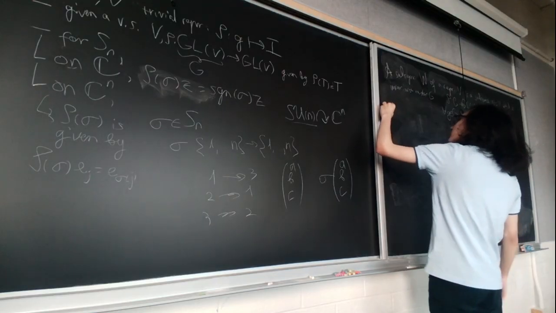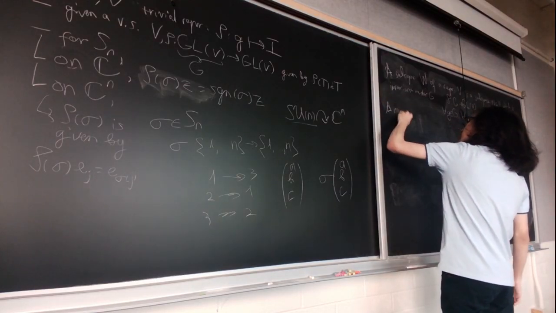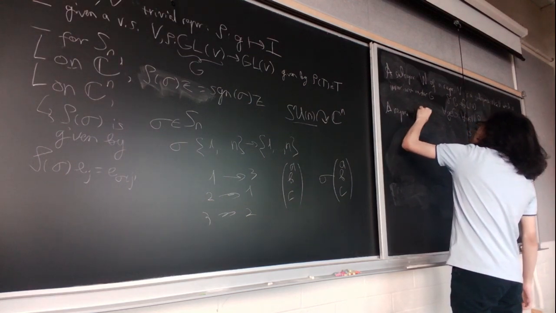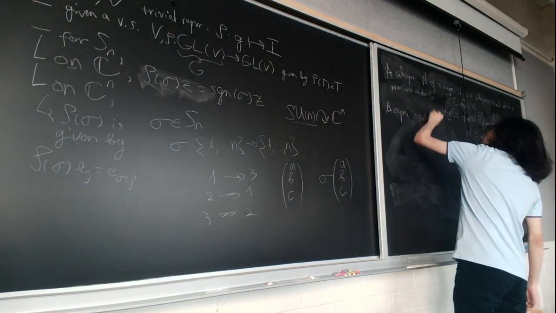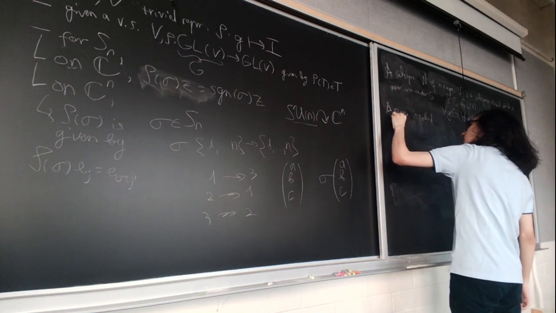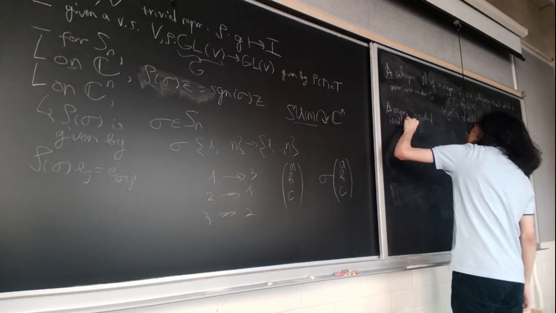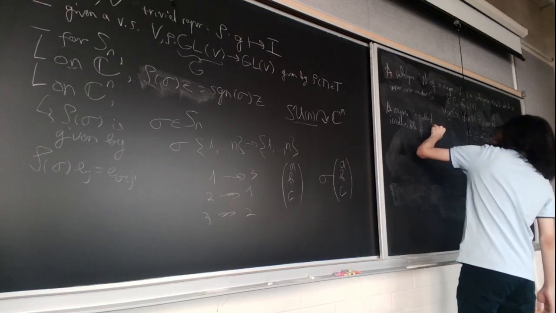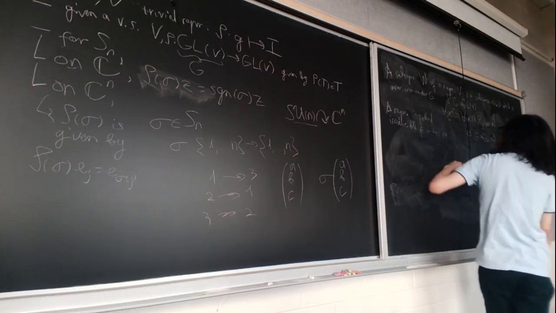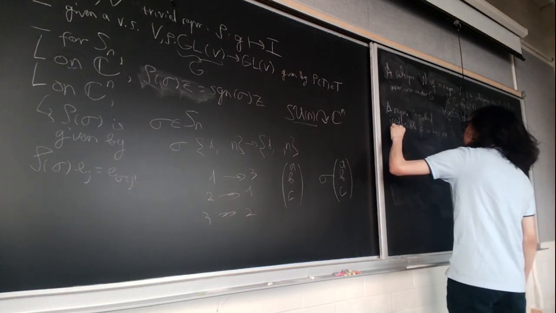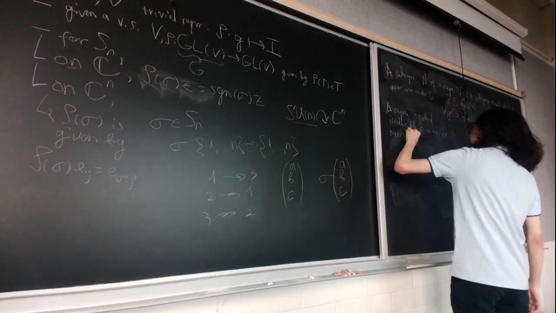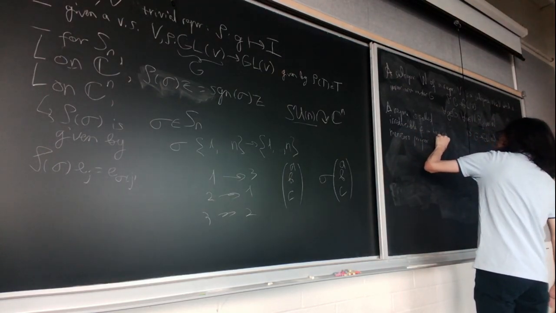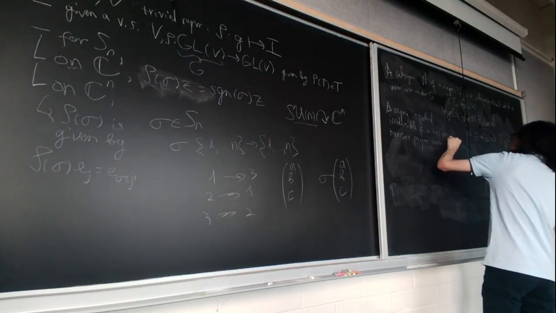So a representation is called irreducible if it has no non-zero proper invariant subspaces.